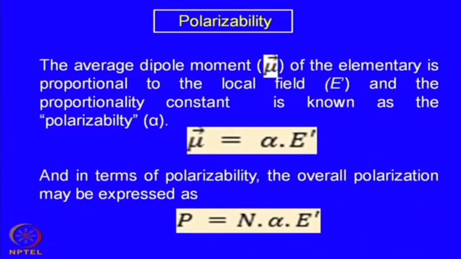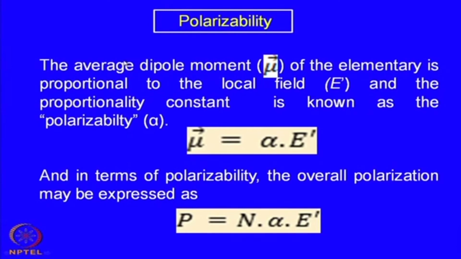With this in mind, if we want to find out another parameter which is called polarizability, that is the ability of the material to get polarized, that is defined in this manner: the average dipole moment, which is mu bar, of the elementary particle is proportional to the local field.